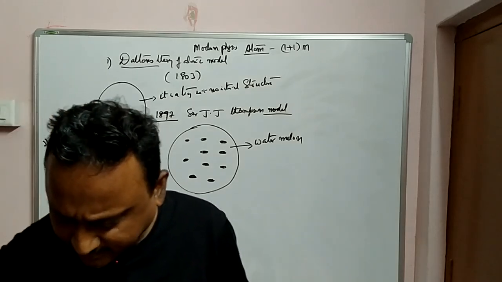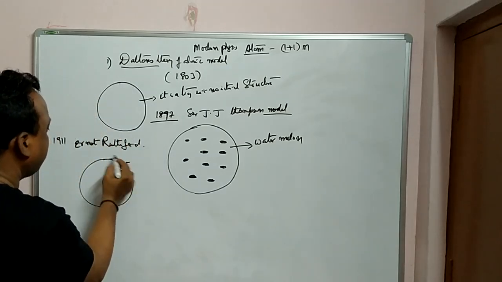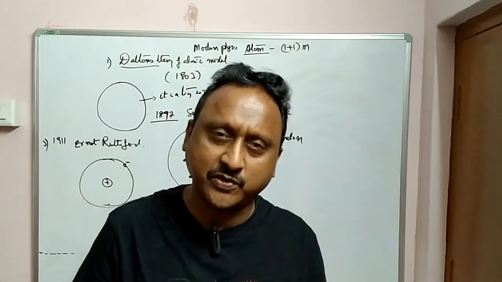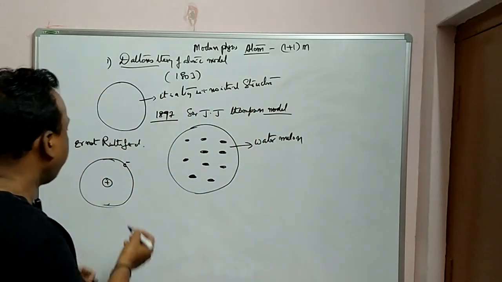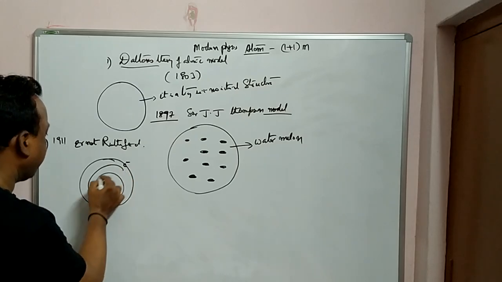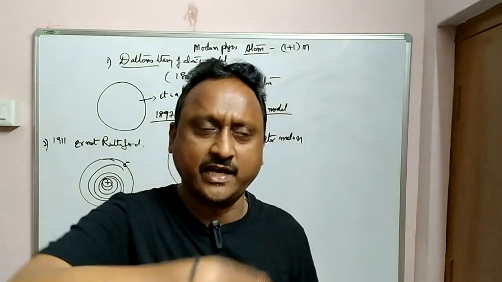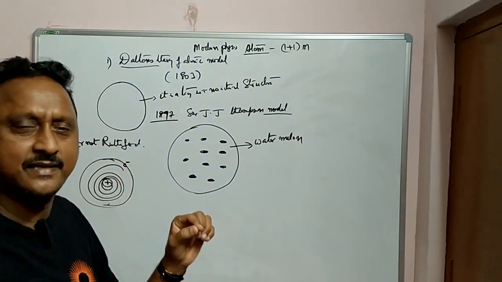There is a nucleus at the center and the electron is revolving around the nucleus and it has to rotate continuously, finally radiate energy, and the radius should decrease gradually and finally fall into a spiral path. This was his assumption. Electron is revolving around the nucleus. Nucleus is at the center.